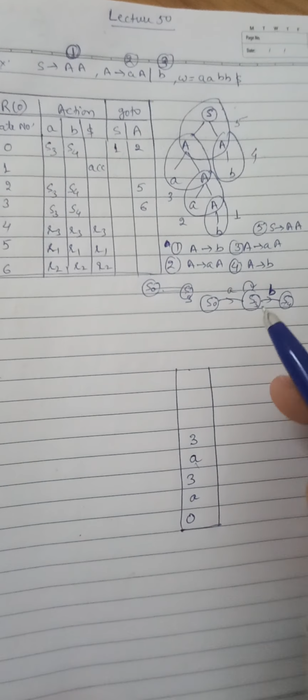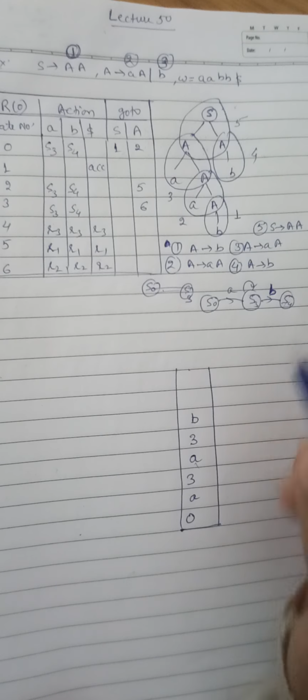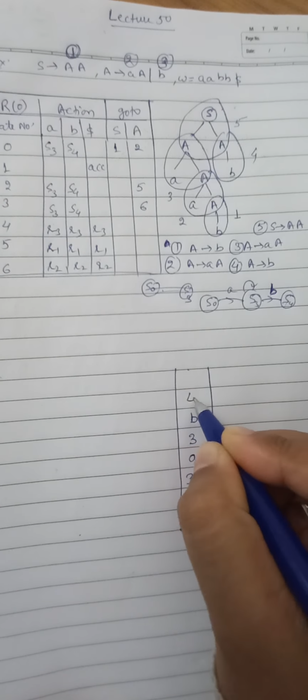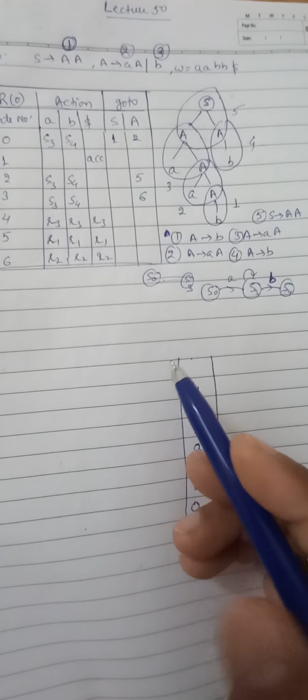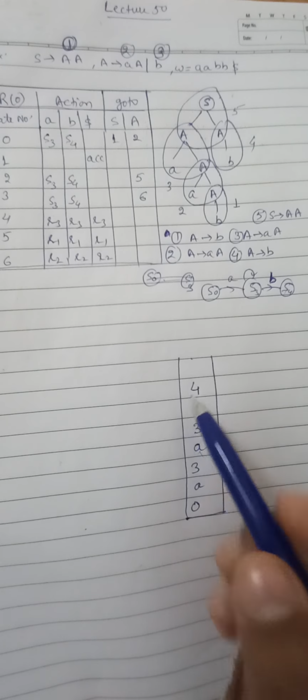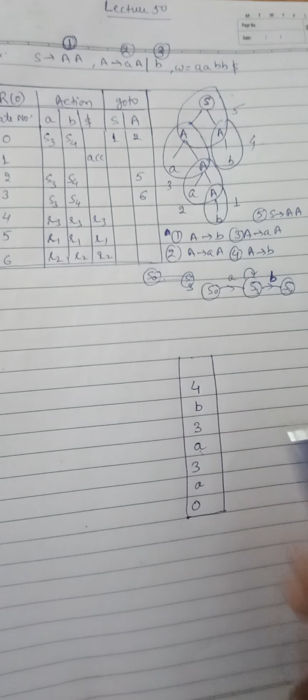For B we are reaching S4, so write 4 here. Fine. After that the reduction is required because A tends to B, so we will get A.